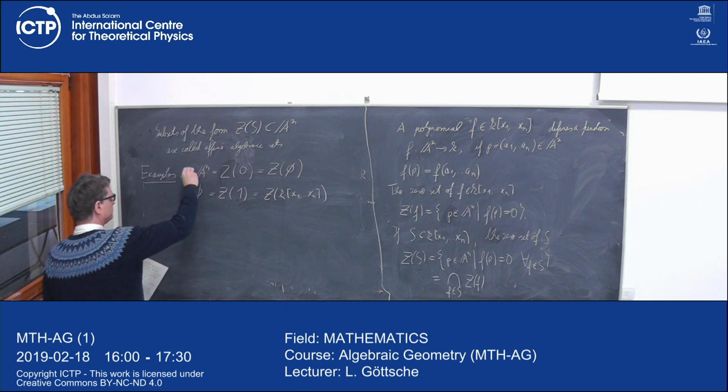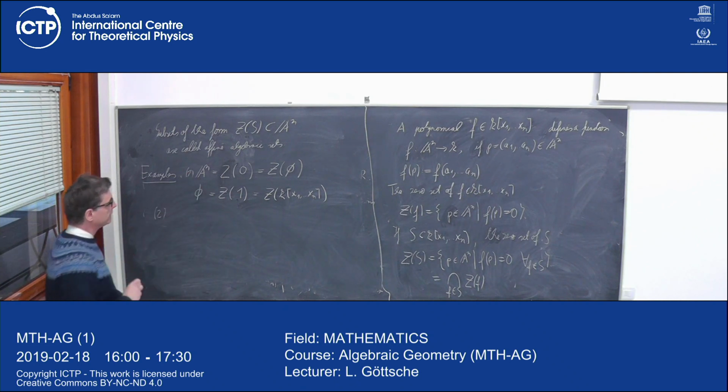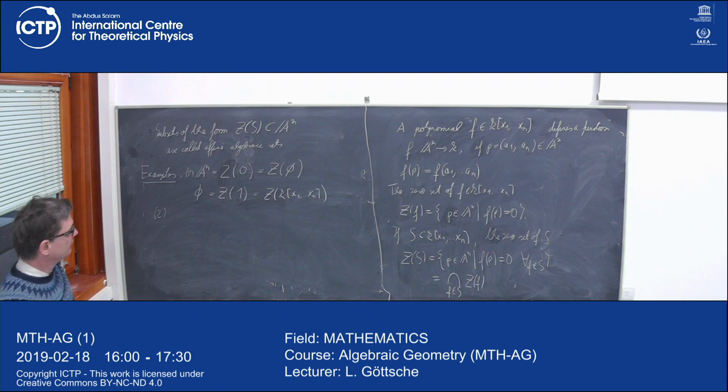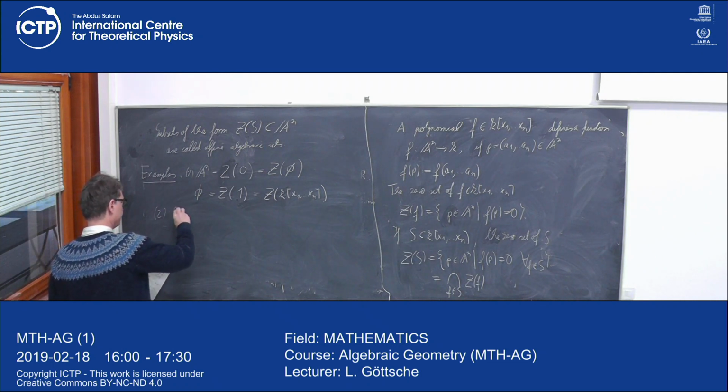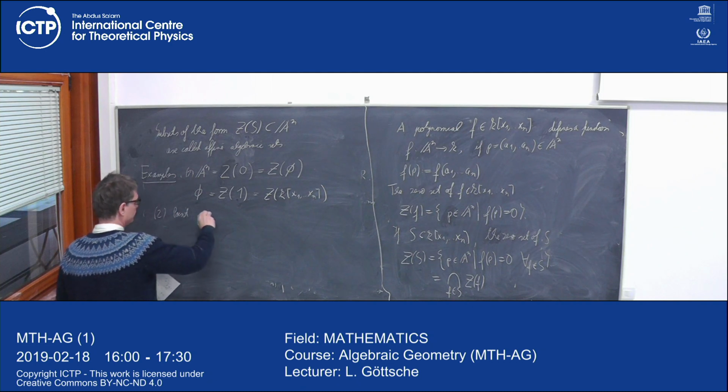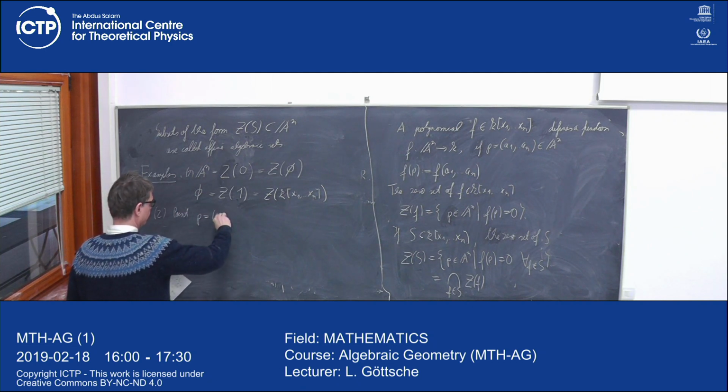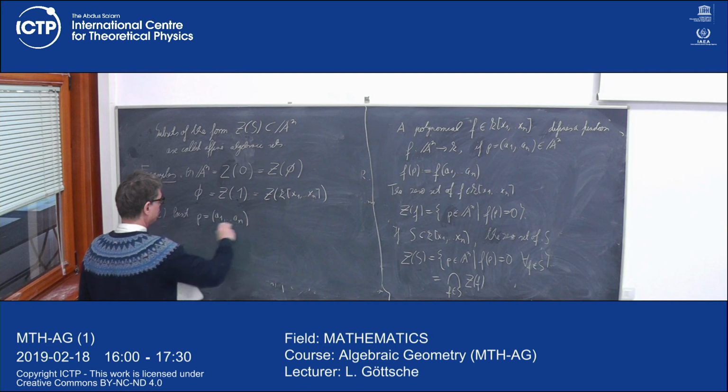Then if we take a point in A^n, this is also an affine algebraic set. So a point P has some coordinates a1 to an.